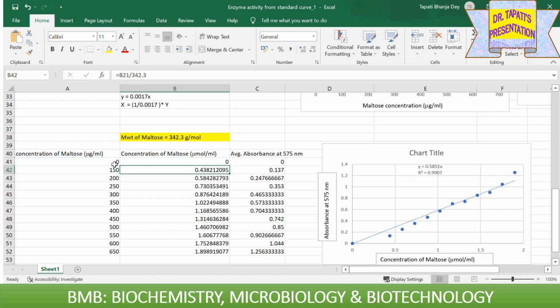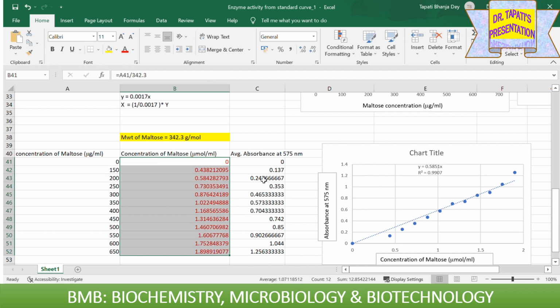So now I am dragging this. Similarly, we have to divide by the molecular weight for all the microgram data, and now these are the values for maltose concentration in micromole per ml.